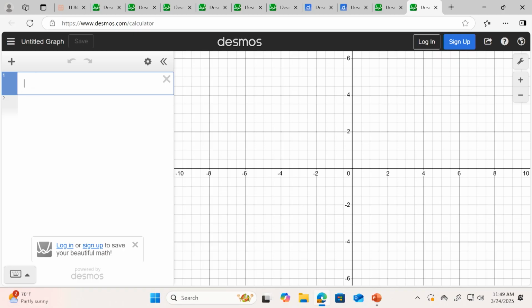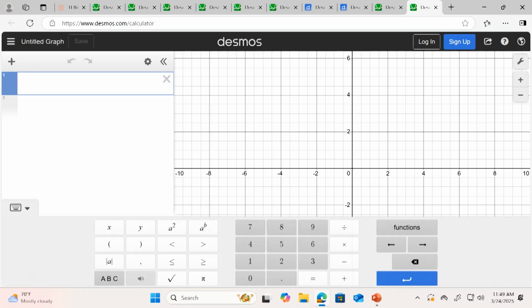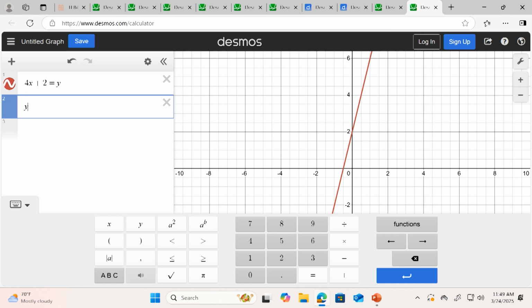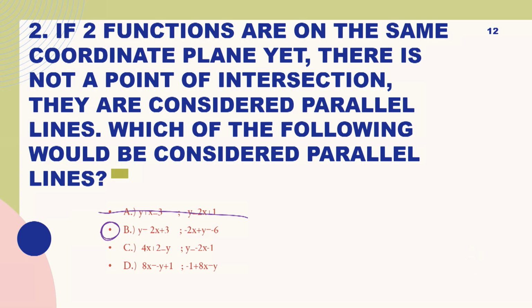Let's try answer choice number 3. I've got 4x plus 2 equals y, and then I have y equals negative 2x minus 1. At negative 1, 0, these two intersect, so I could not say that they are parallel. So this is not an answer. Let's try that last one.